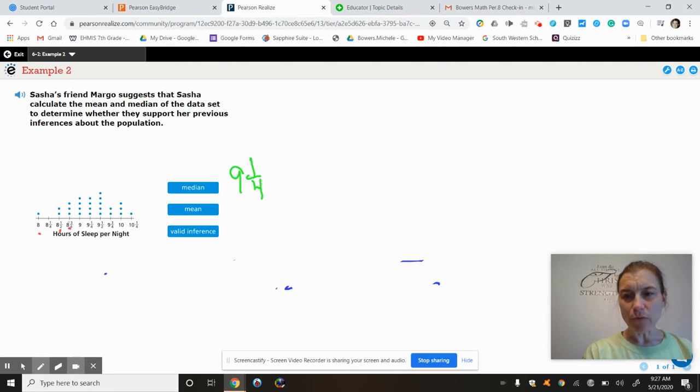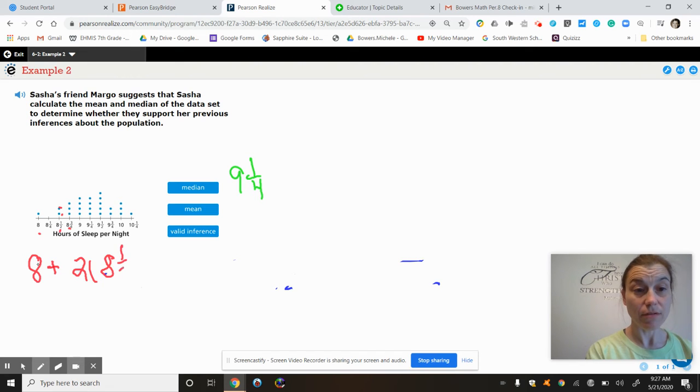So here's how I'm going to get my 25 numbers for my data set. I have 1 eight. I have 2 of 8.5, because there are 2 dots for 8.5. There are 3 dots for 8 3/4.